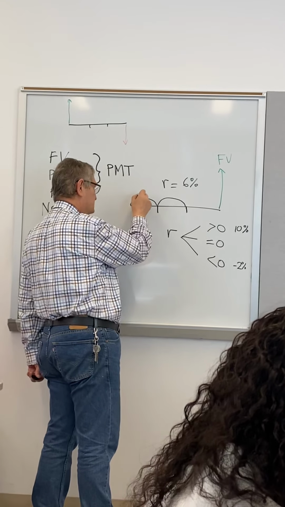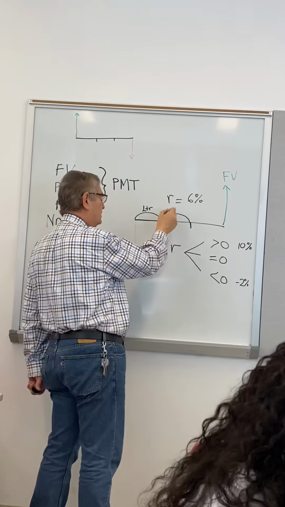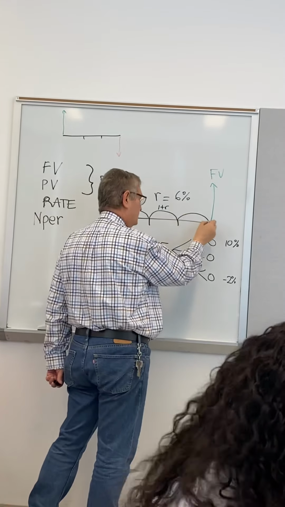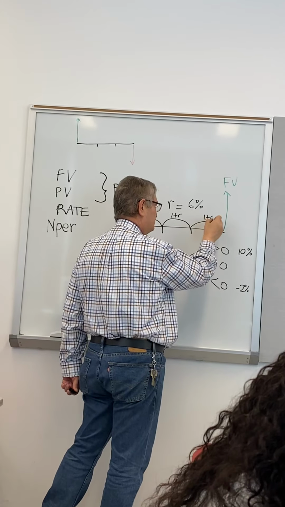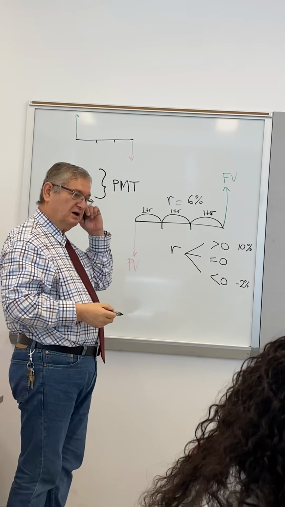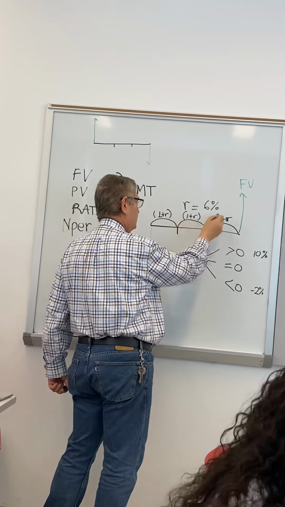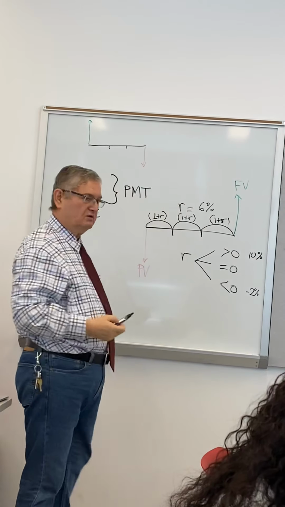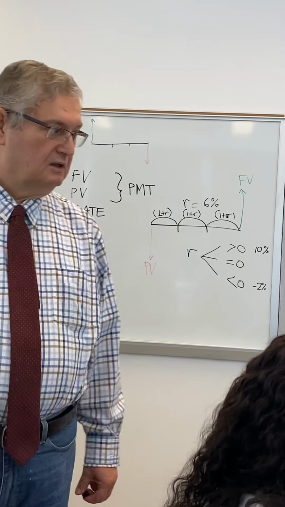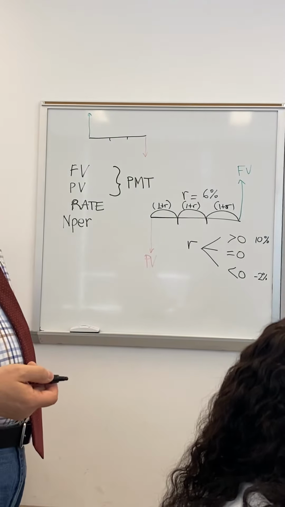When we say increases, the money that you have gets 6%. How many times is the money increasing? As many as the periods. How are they increasing? By multiplying. What is a multiplication? A power.